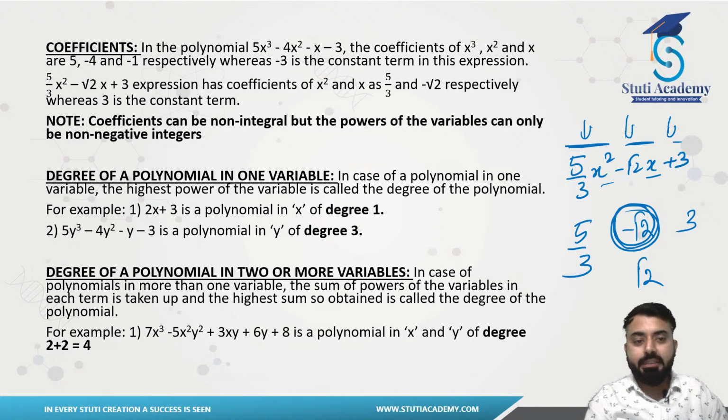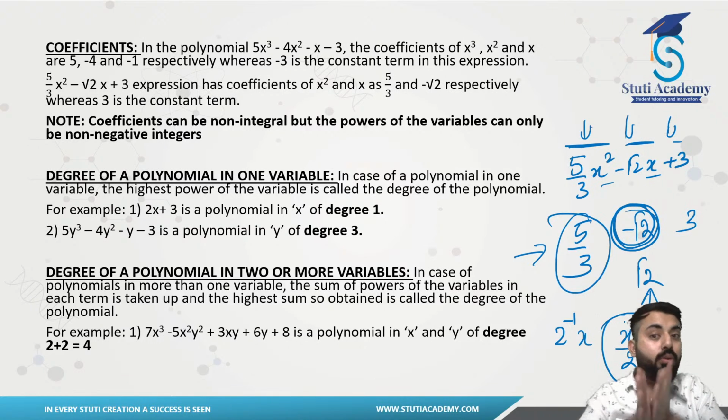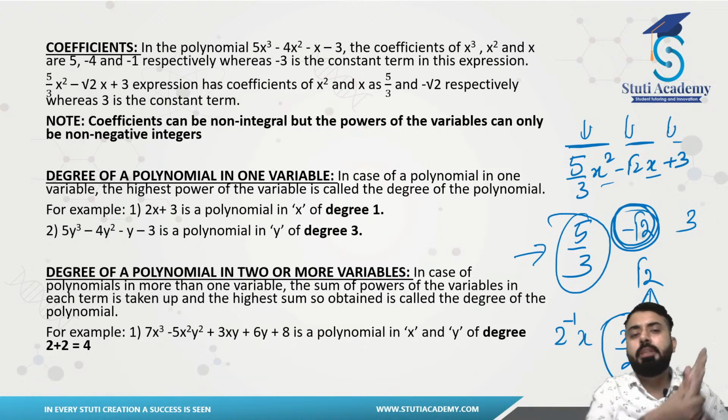So here you see, our coefficients can be in square roots, our coefficients can be in fractions, even coefficients can have negative powers also. If I write something like this, 2 inverse x, this is actually x/2. It does not matter whether the coefficient is in fraction or not. It can be a fraction, it can be a negative number, it can be an irrational number also. But always remember, your variable portion has to have whole numbers as its power. It has to be raised to whole powers. So that is the whole point here.